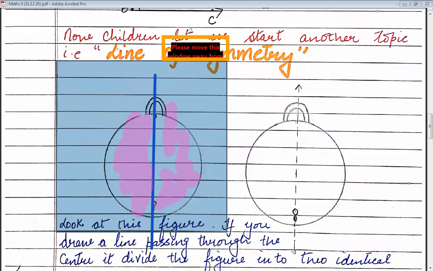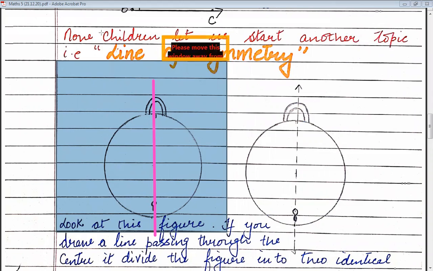Let me show you one more time. This is a figure, and now I'm going to draw a line passing through the center. When I draw this line, can you see that both the parts are equal?